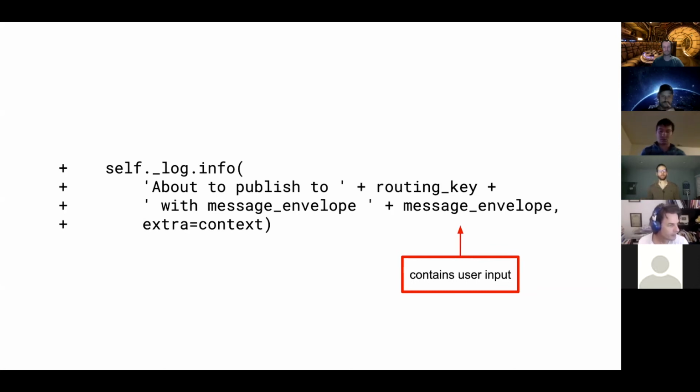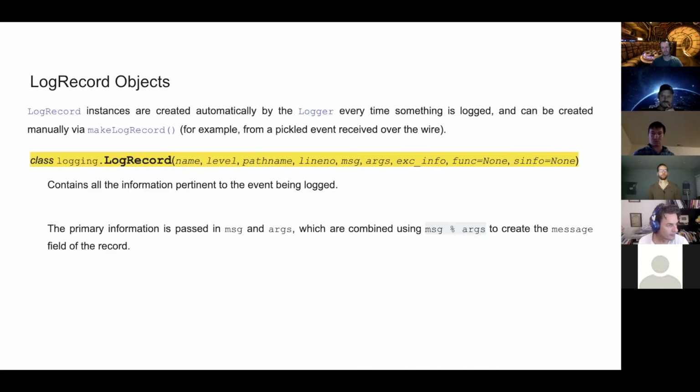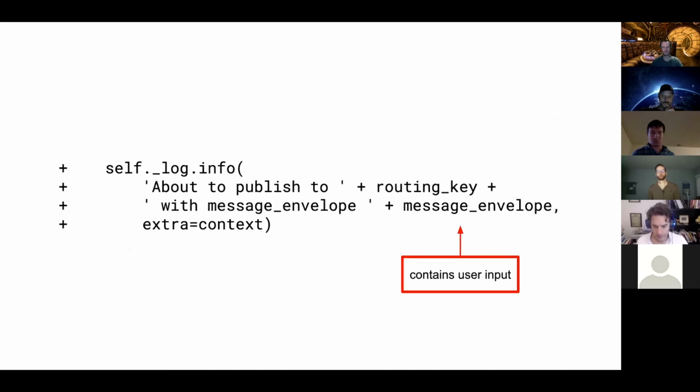But when I made my little change that would start adding percent signs for our context dictionary to pass things in, those are going to be substituted in with message mod args. So your pre-formatted string gets put together, and then the post-formatted string gets put into the log format after the fact. So this message envelope was getting string substituted twice when it used to be only substituted once.